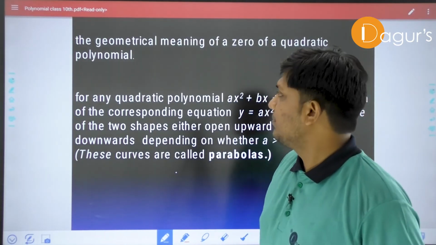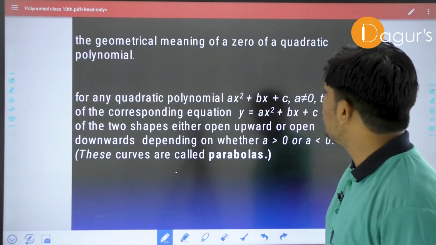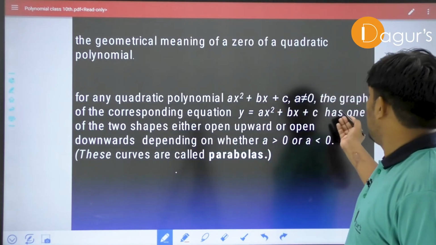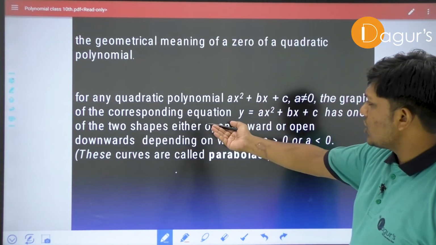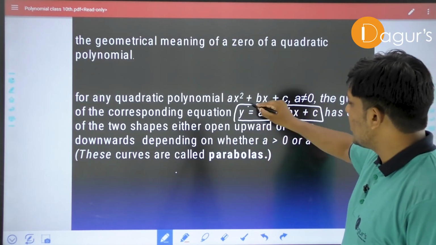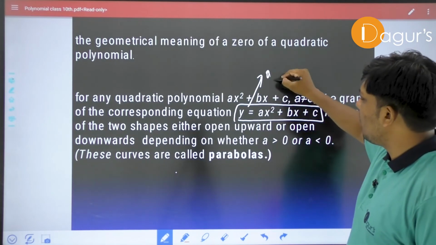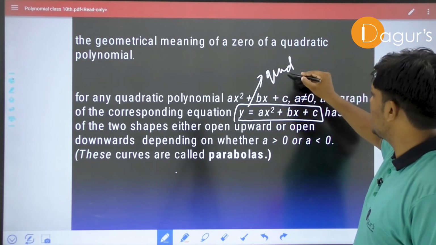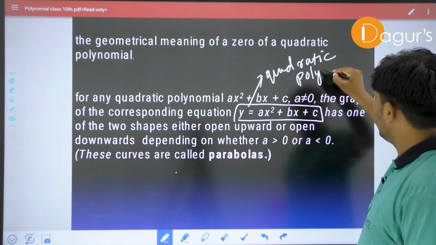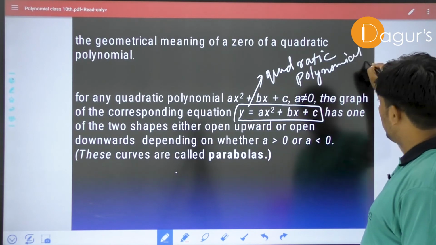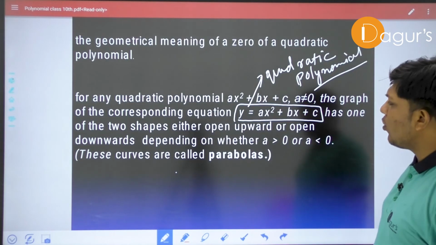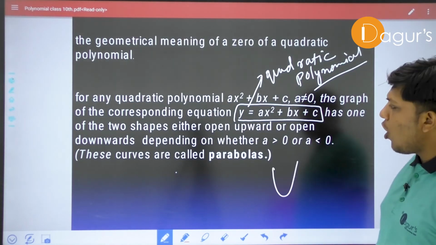Okay, done? Come on. The geometrical meaning of zeros of a quadratic polynomial. For any quadratic polynomial, the graph of the corresponding equation y is equal to ax squared plus bx plus c, here I have taken an equation of a quadratic polynomial because the highest power is 2, has one of two shapes, either open upward or open downward.